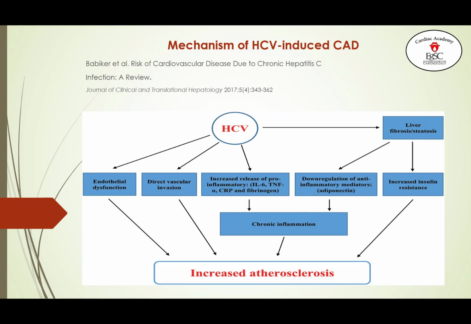At the same time, HCV leads to liver fibrosis and steatosis, which increase insulin resistance and cause downregulation of the anti-inflammatory mediator adiponectin, which leads to chronic inflammation also. And all can lead to increased atherosclerosis and coronary artery disease.